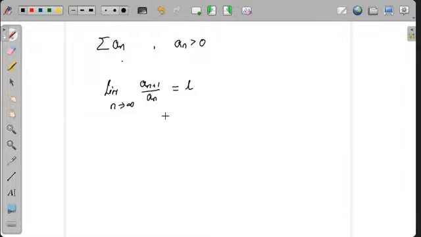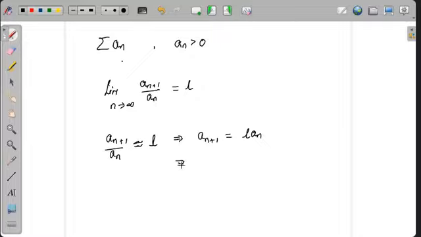So when it is L, an plus 1 over an equals L for very, very large n. So we can write an plus 1 equals L times an.